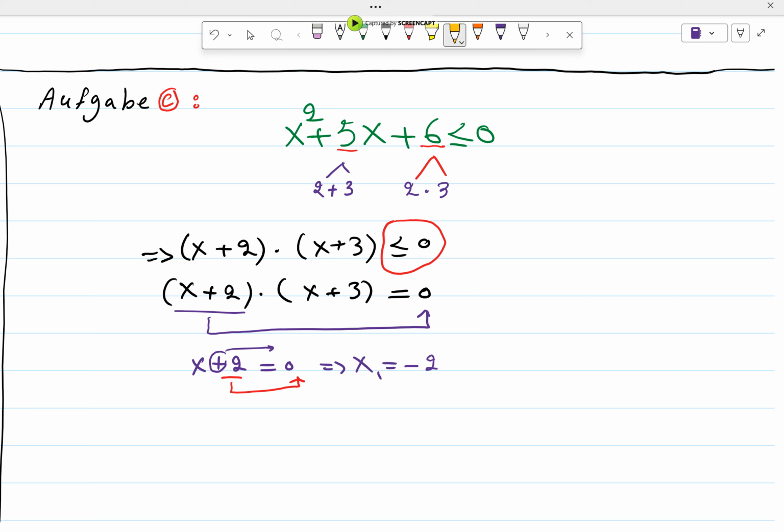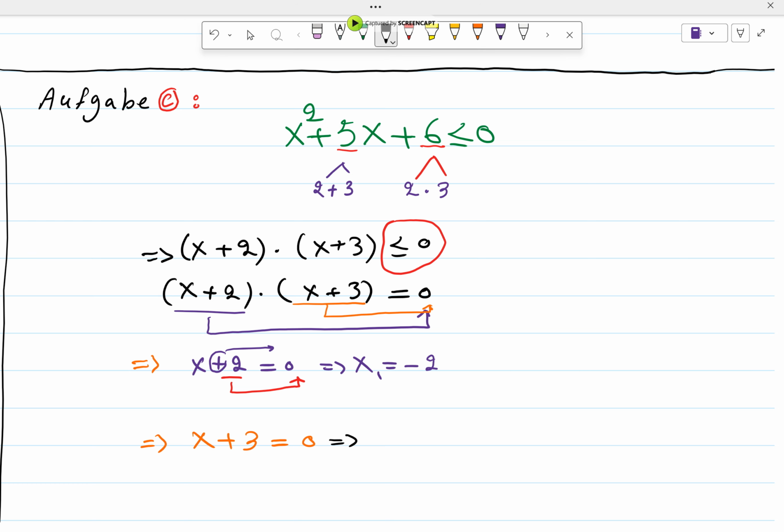And also for the other part of these factors, x plus 3 is equal to 0. Now we want to find x2.